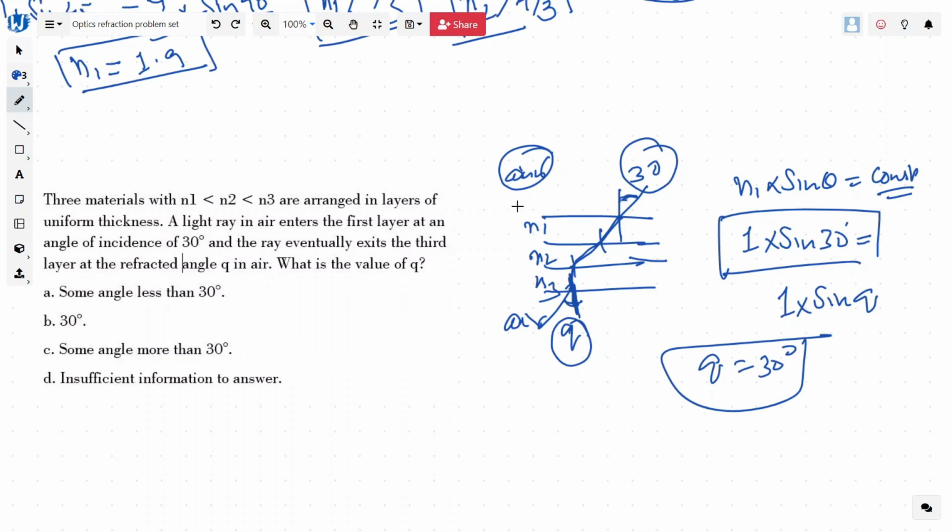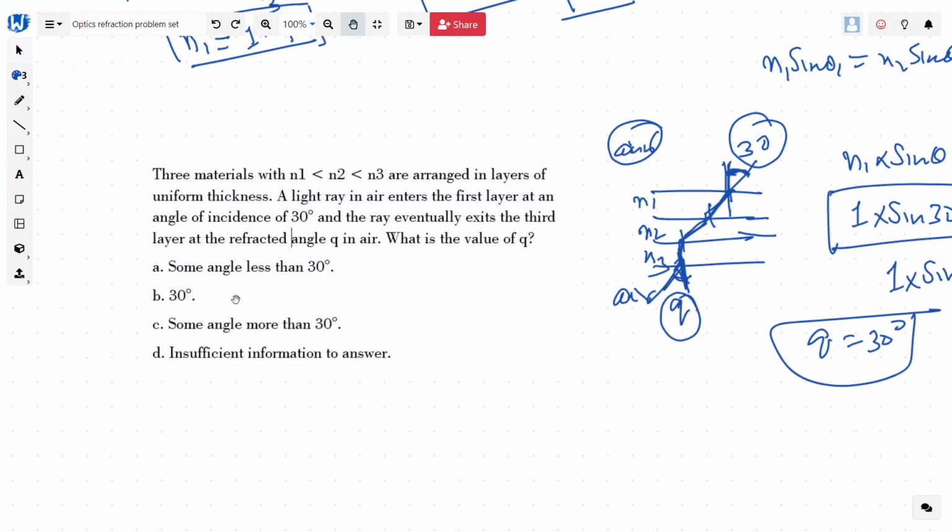We do not worry about what happens in between. We can always write half the equation for Snell's law, which is n1 sine theta 1 is equal to n2 sine theta 2, and so on, is constant. So half we can write here, and half we can write here, and we are done. So similarly, 1 sine 30 is equal to 1 into sine q, and with that we know q is 30.